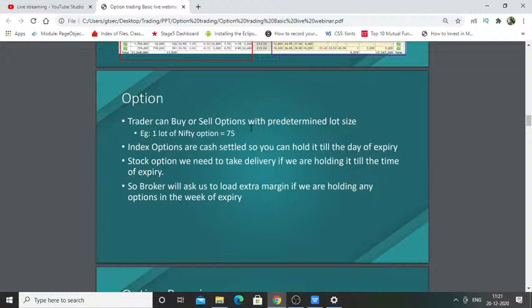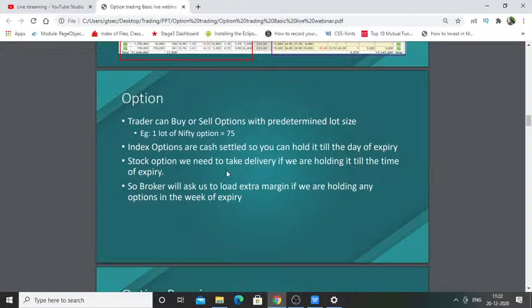If you want to buy any option, you have to buy in multiples of 75 only. If you want to buy one lot, you can buy it, or if you want two lots, you can buy 150 quantity. But let's say you want to buy only one share, you cannot. There will be a predetermined lot size available for each and every stock.